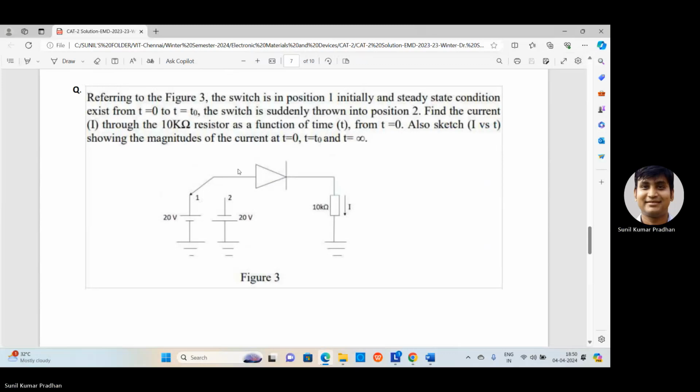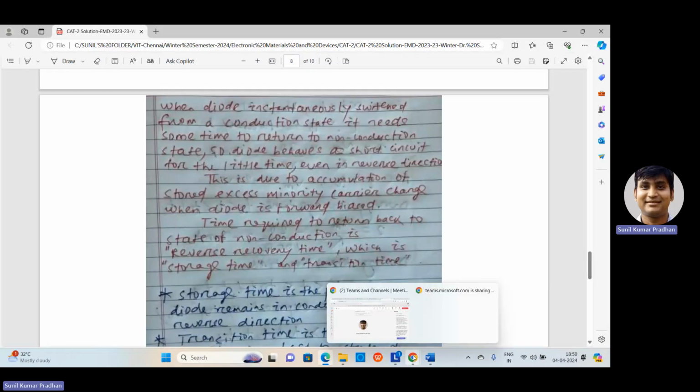So when a diode is instantaneously switched from the conduction state, it needs some time to return to the non-conduction state.